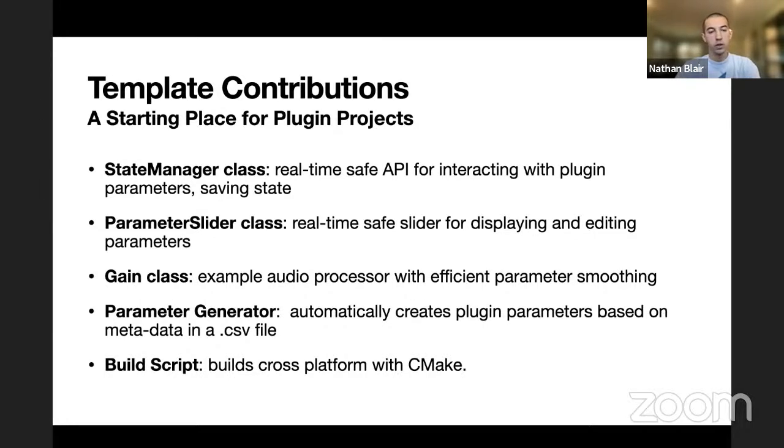And I'm also including a build script with CMake. So I do build my template plugin with CMake, not the Projucer. So in that sense, it might be a little bit more difficult to set up for beginners, but I think it's really worth it because it makes it really easy to run the code on different platforms like macOS or Windows, and in my opinion, it's just faster to work without the GUI at the end of the day.